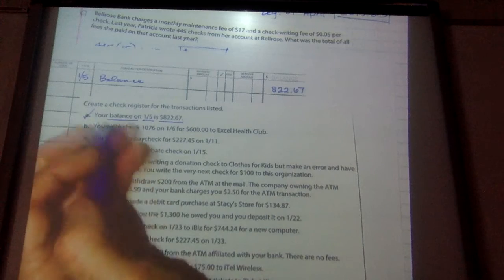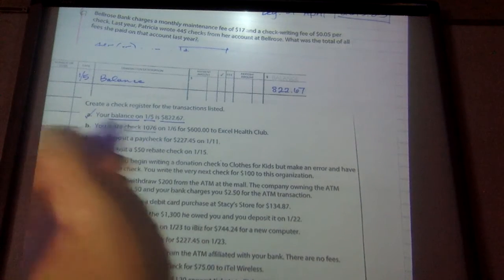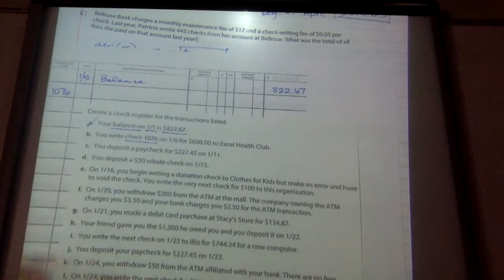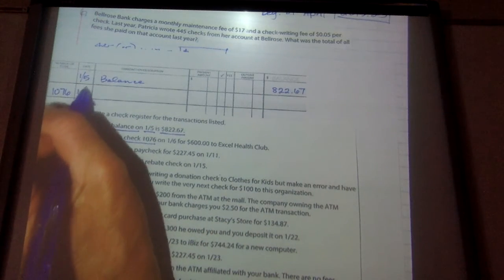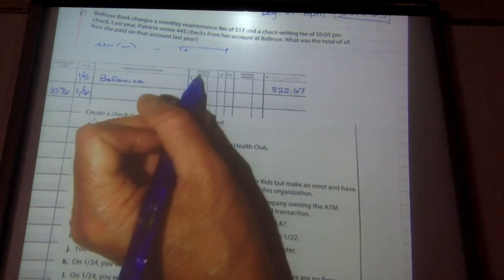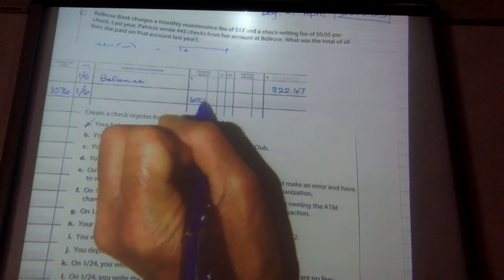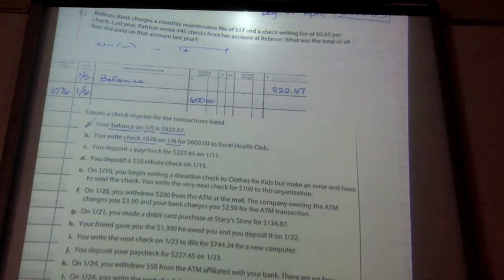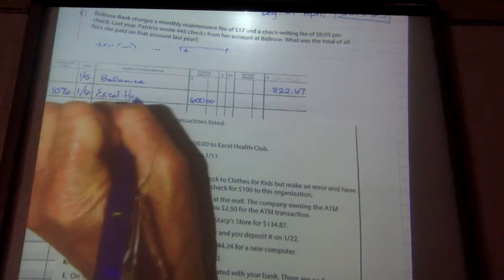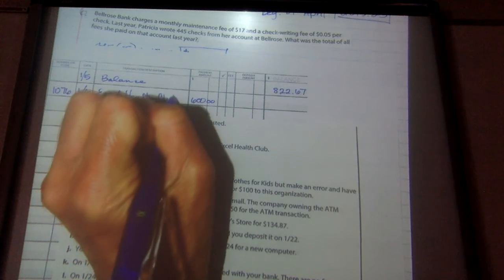Part B says you write a check 1076, so that number goes here. And yes, there are still things I use my checkbook for. The date was January 6th. You wrote a check for $600, so under payment amount, I'm going to write 600. You don't have to put the 2 zeros. And I wrote it to Excel Health Club.